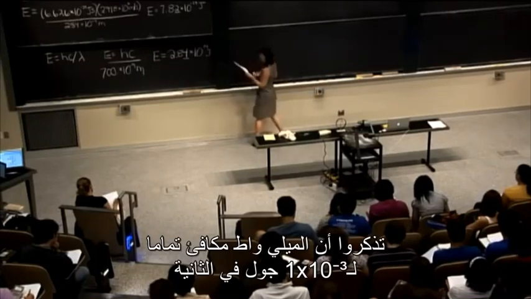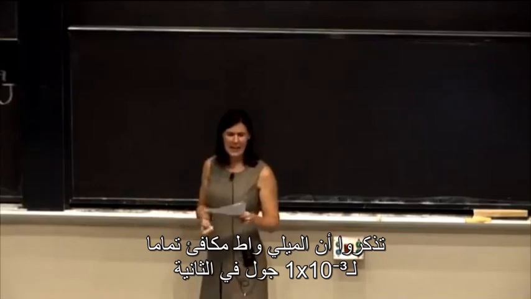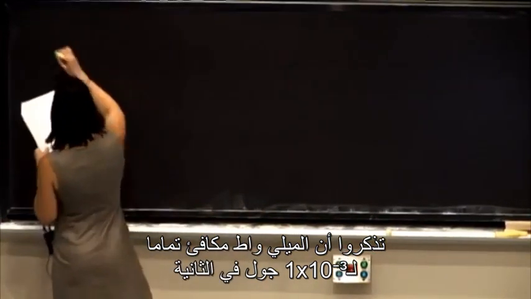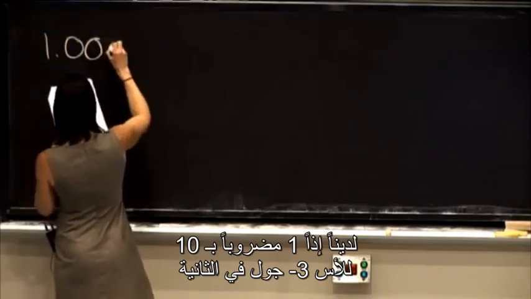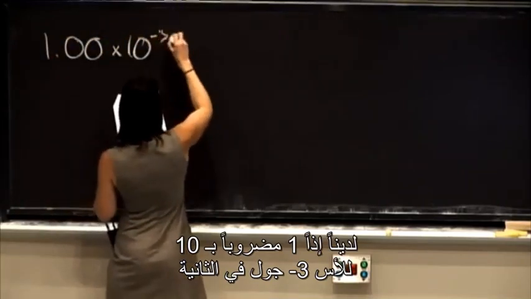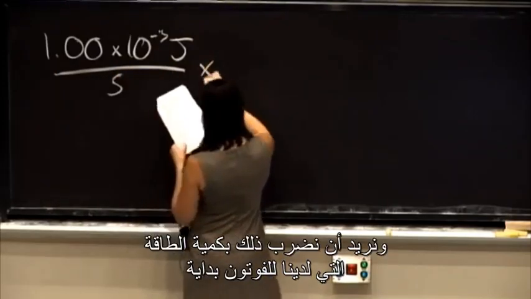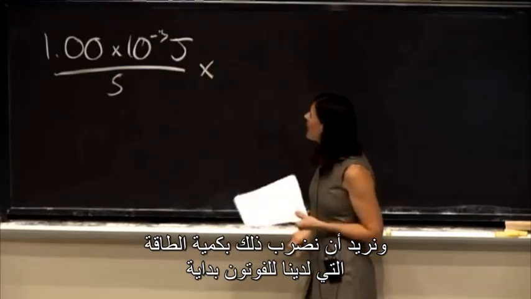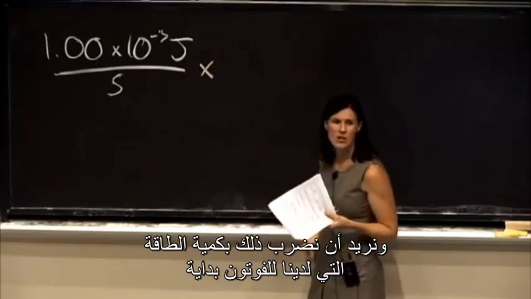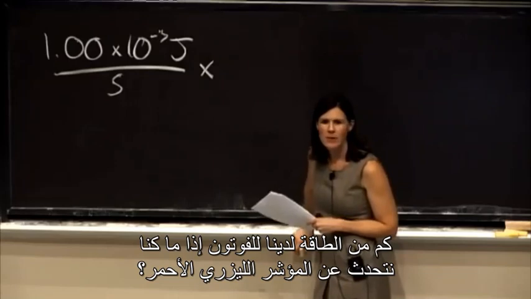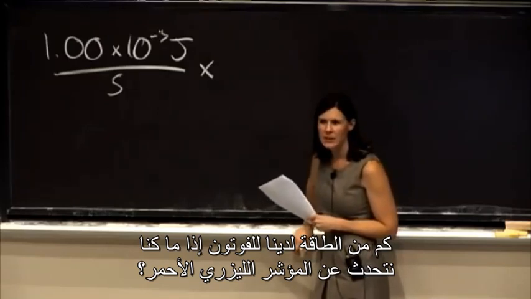So keep in mind that 1 milliwatt is just the same as saying 1 times 10 to the negative third joules per second. So we have 1 times 10 to the negative third joules per second. And we want to multiply that by, or cancel out how much energy we have per photon, first of all. So how much energy do we have per photon if we're talking about the red laser pointer?